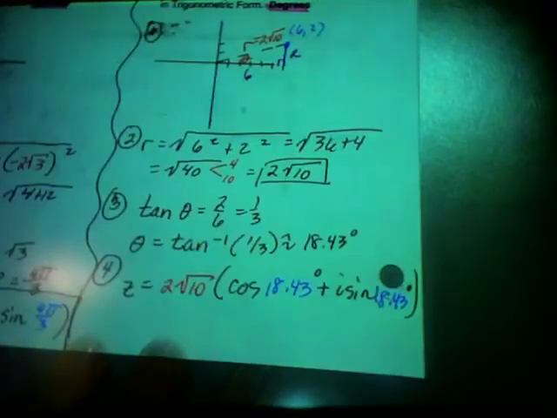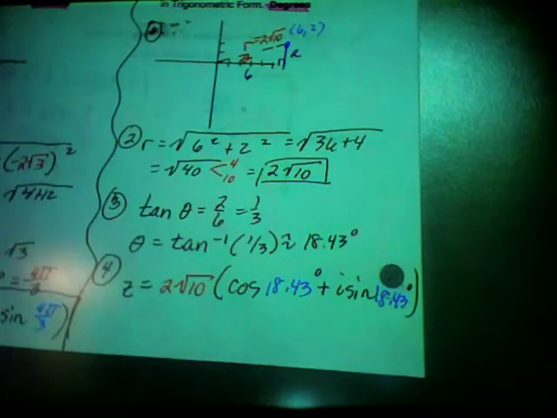So second time around wasn't so bad, was it? Now, you're probably not going to put that into radians. The only types of numbers that you'll put into radians are 30s, 45s, and 60s.